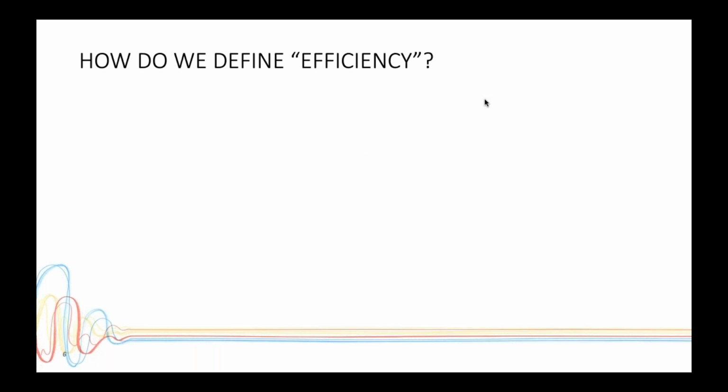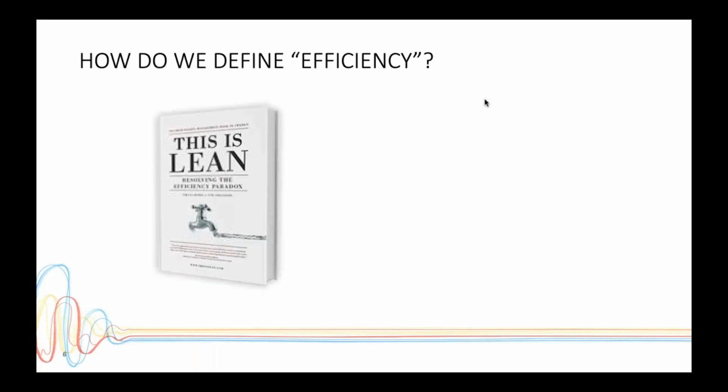And while I was doing that, I discovered this beautiful little book, which is now my second favorite book on lean. It's written by two Swedish guys, and it's a great little book. I highly recommend it, and I borrow from it quite a lot in my own book. They define efficiency in two ways, which I thought was a really interesting concept.